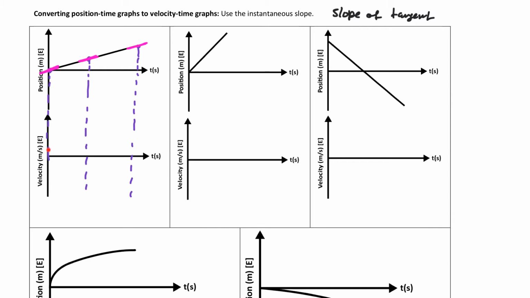So the velocity isn't too large in terms of value, and it's positive. So slope, small number, positive, small number, positive, small number, positive. And you can see, because the slope isn't changing, velocity isn't changing. So the value of the velocity is going to stay the same throughout the whole time.